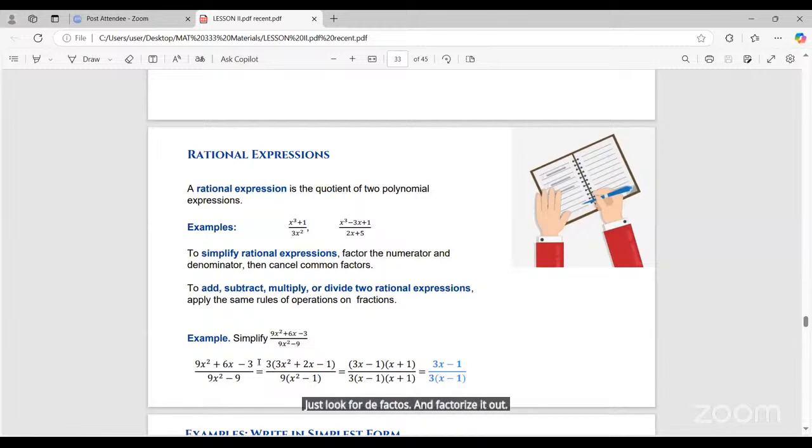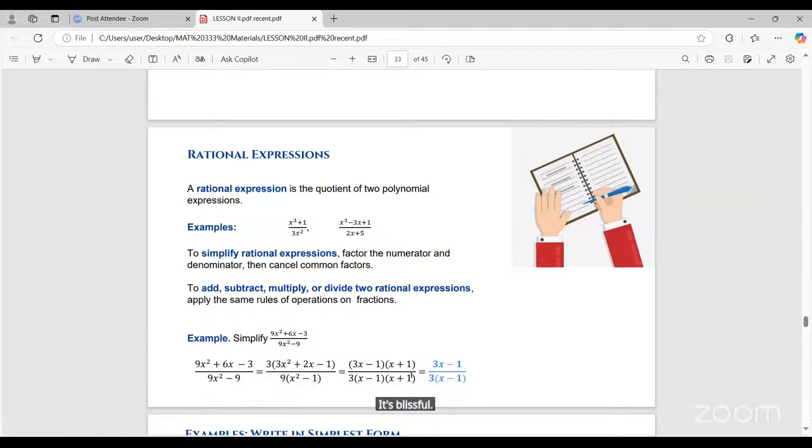We have 3 used to cancel 9, so that 3 on the numerator has run off, and we have 3 down on the denominator. Factoring the quadratic, you have 3x minus 1 and x plus 1. Factoring the denominator, x squared minus 1, we have x minus 1 and x plus 1.